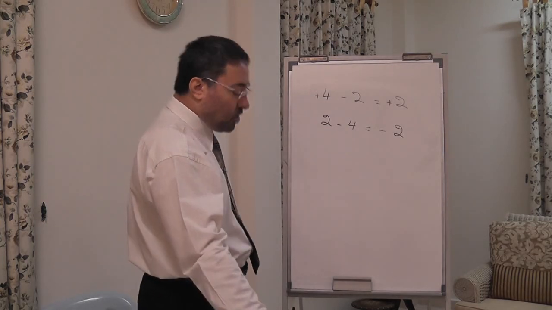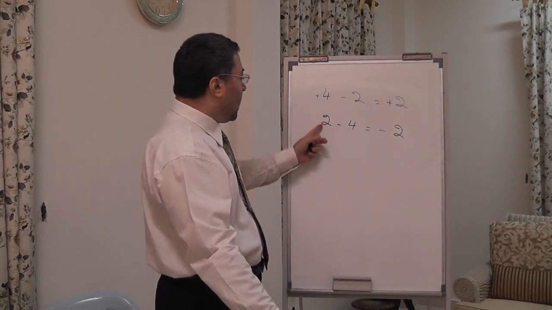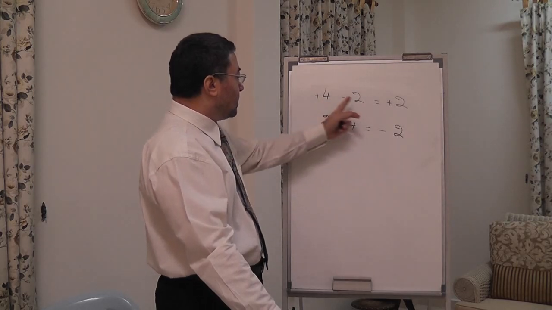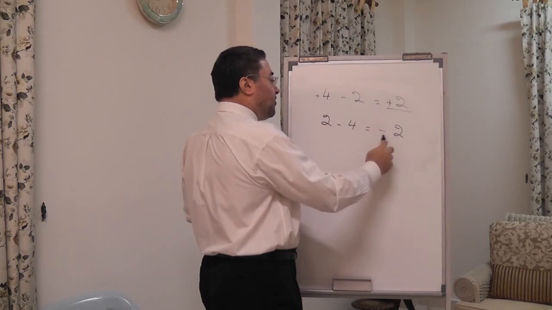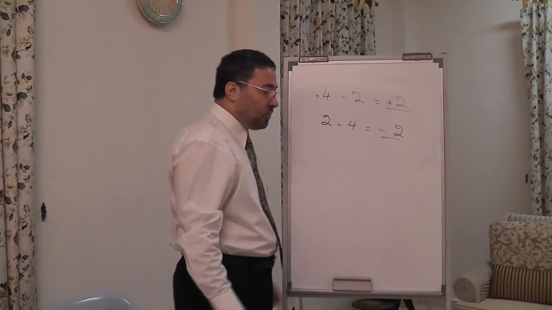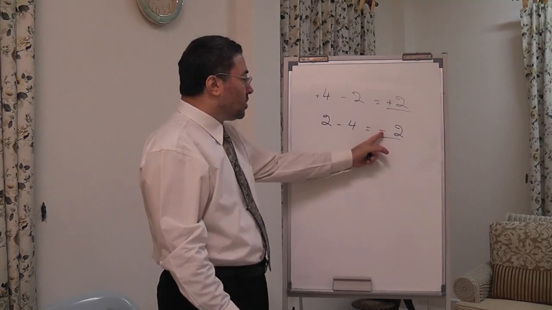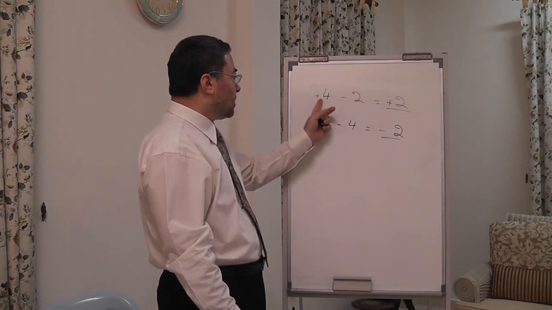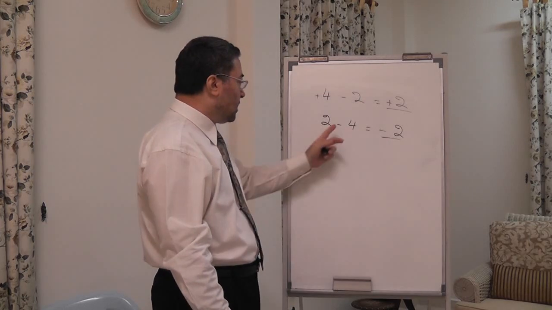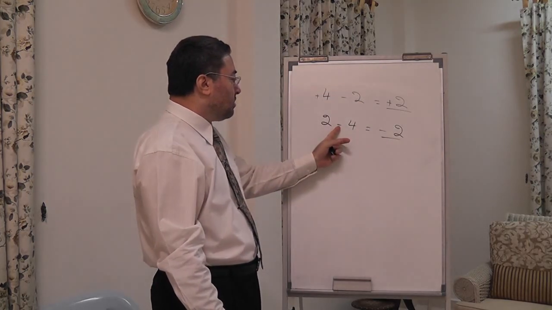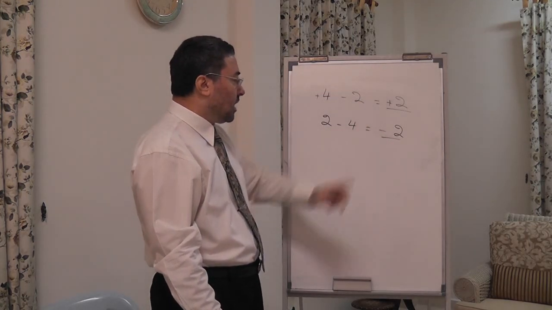So the rule for adding a positive and a negative number is to get the difference, and you put the sign of the larger number in front of the difference. Here, the larger number is positive, so we put a positive sign, and here the larger number is negative, so we put a negative sign.